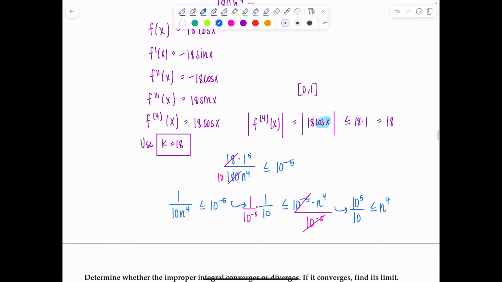Well, 10 to the fifth over 10, that's just 10 to the fourth is less than or equal to n to the fourth. Then we take the fourth root of both sides, and n has to be greater than or equal to 10. And for Simpson's rule, n must be even, but it's already even, so we're good, we're done.